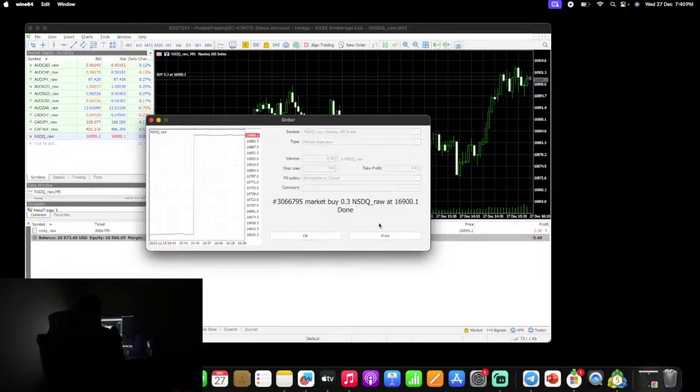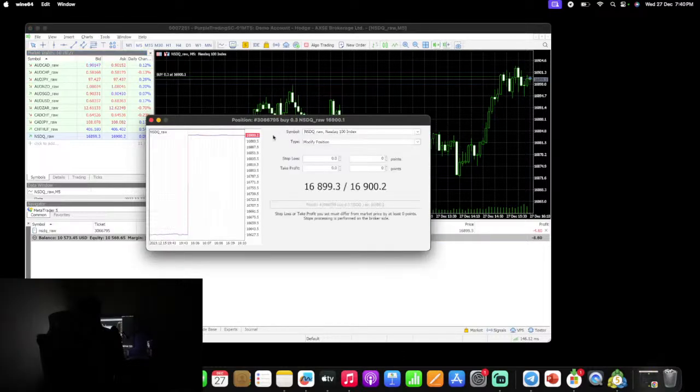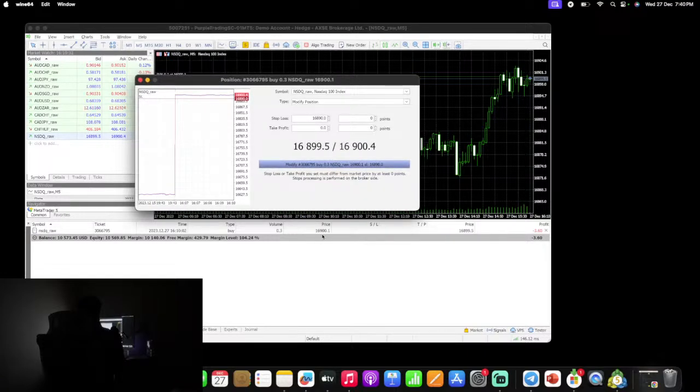So it's closed. I am opening the position. Right? You can see I have opened the position. I'll be placing the stop loss below this 16891, or to be a little safe, 16890, and our entry price is 16900, so 10 points, so target will be 15 points, 16915.